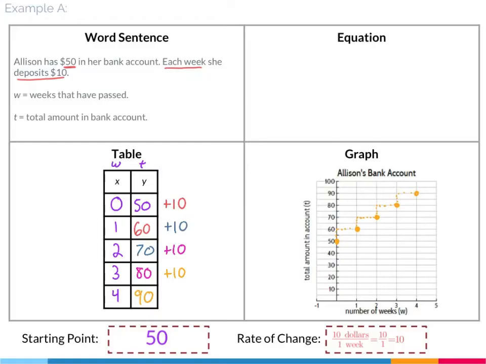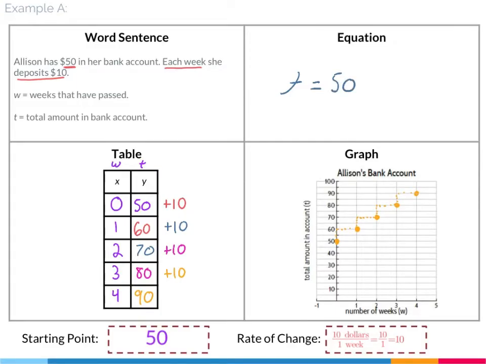So now we need to make an equation. And we know whatever we do is going to be affecting the total. So we're going to start with an equation that's going to be equaling the total, since whatever we do is going to affect that total. Again, we have to go down to our starting point to start. And our starting point is $50.